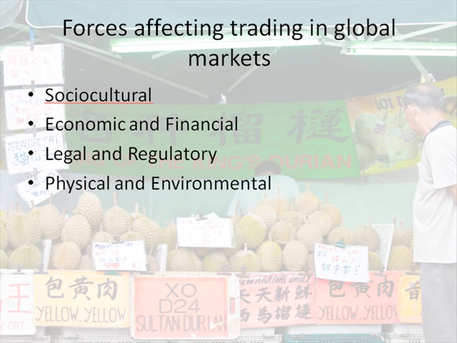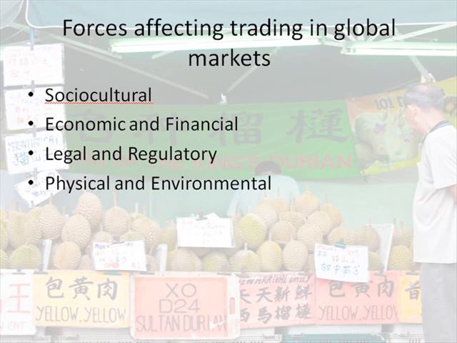Let's take a look at some of the forces affecting trading in global markets. First is sociocultural. There's economic and financial, legal and regulatory, and physical and environmental.